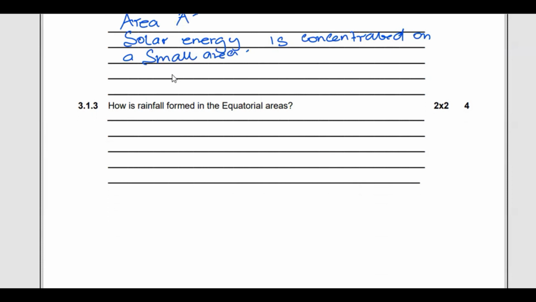How is rainfall formed in equatorial regions? Equatorial areas are warmer, heated, and moisture laden.